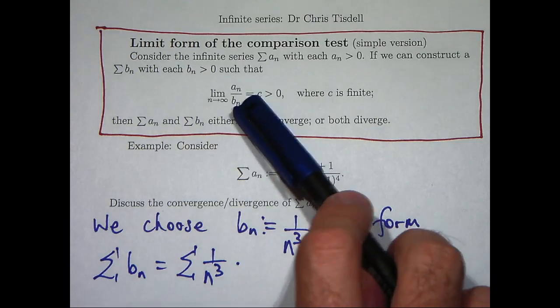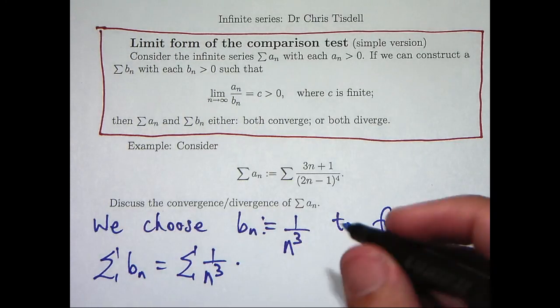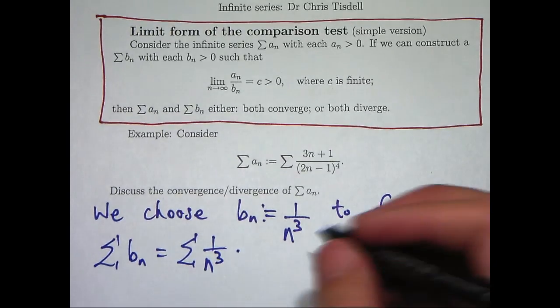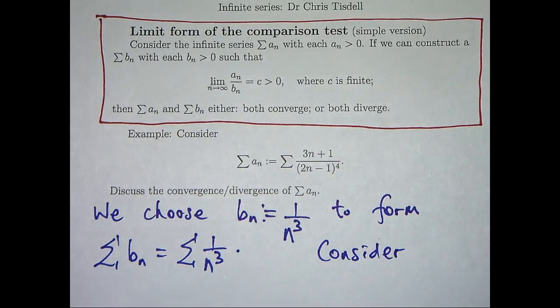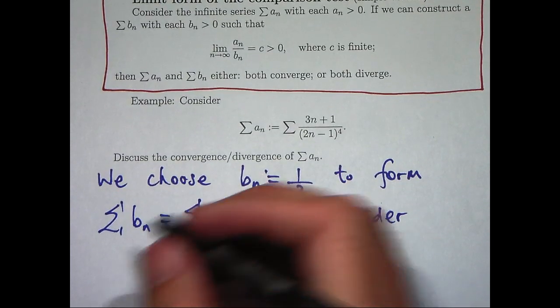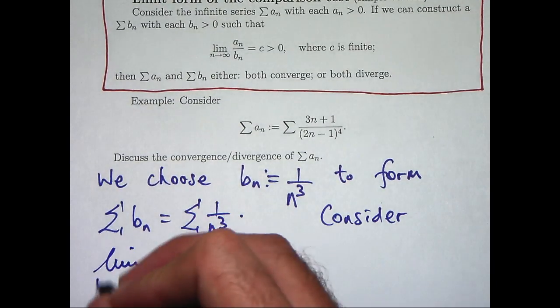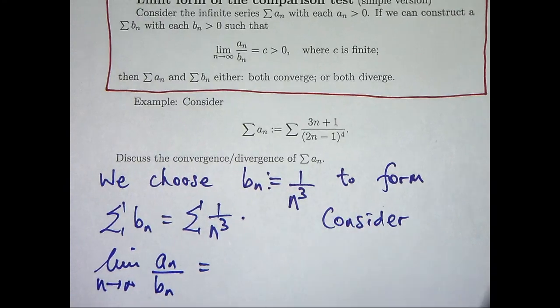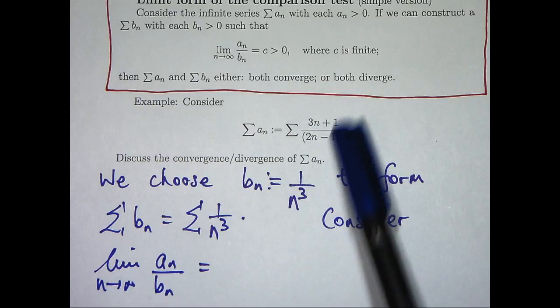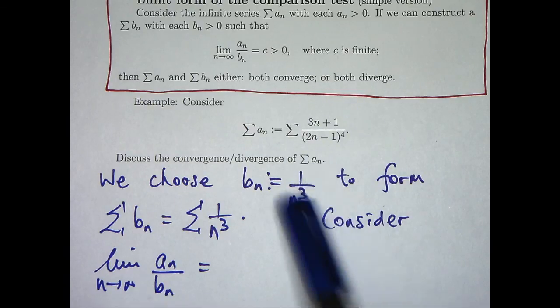Okay, now the next thing we have to do is check the limit of this ratio. So let's consider that. I want to look at the limit of the ratio between this and this.